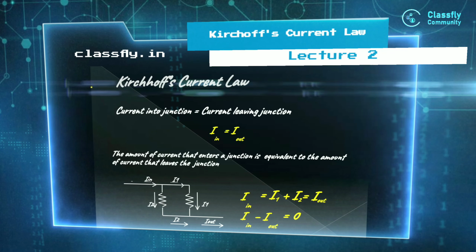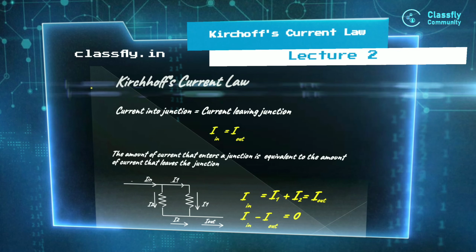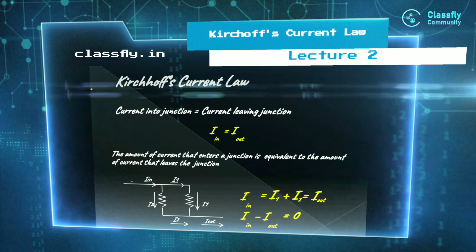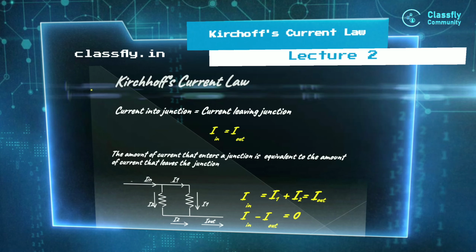So we represent it as two parts, that is I1 and I2, and that point is the junction where it gets divided. Like trains, platform is a junction, meaning there will be many trains, not a single one. Think like that. So I in comes at a point where it splits. Whenever it splits, that means it's the junction. So it splits into two parts, that is I1 and I2, okay?